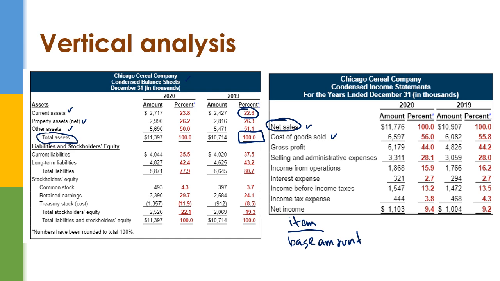Or on the income statement, we might express the selling expenses here as 28% of the net sales, with net sales being the base amount.